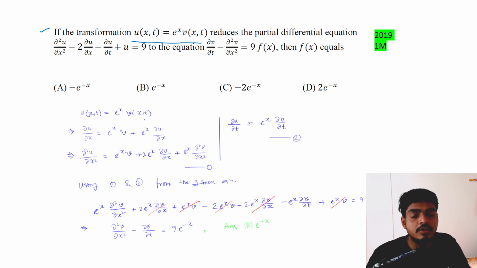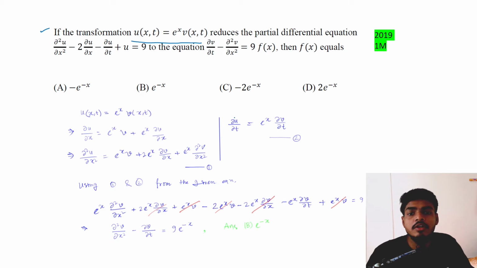When differentiating with respect to x, the differentiation of e to the power x is simply e to the power x, and the second term will be like that only. Then you leave the first term and differentiate the second term with respect to x. Then if you take the second derivative, you will get simply this.